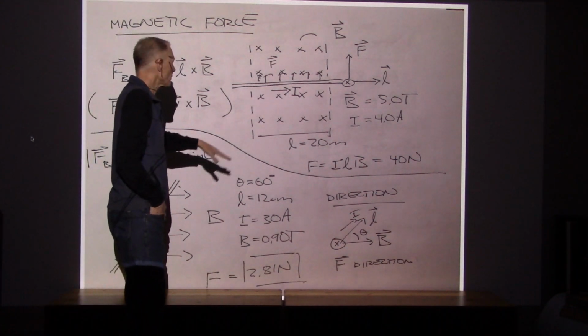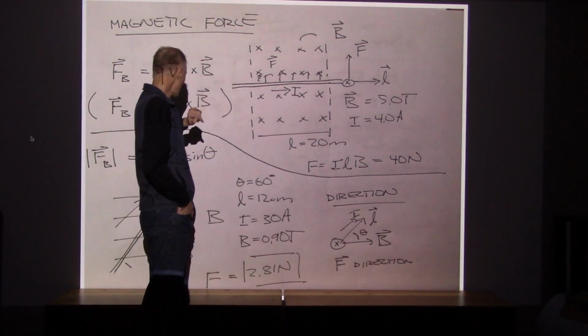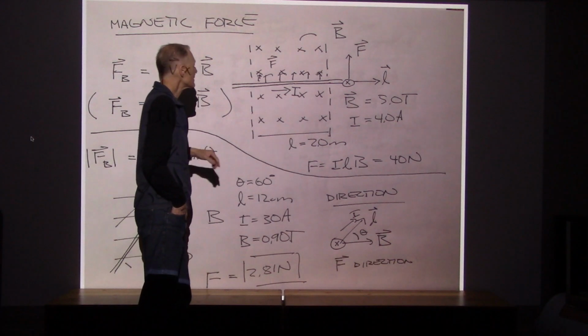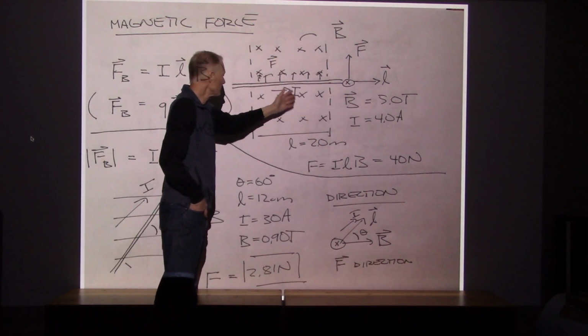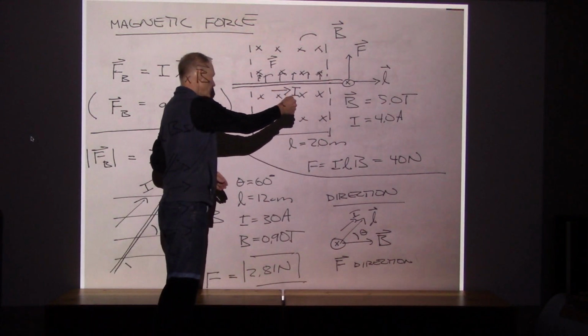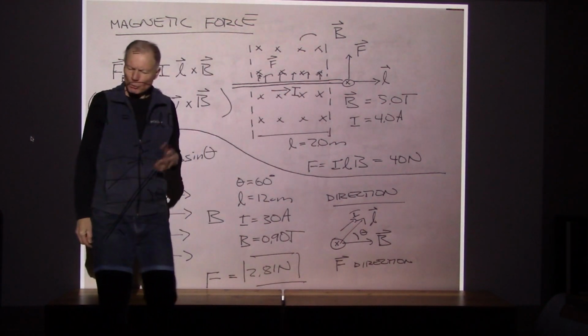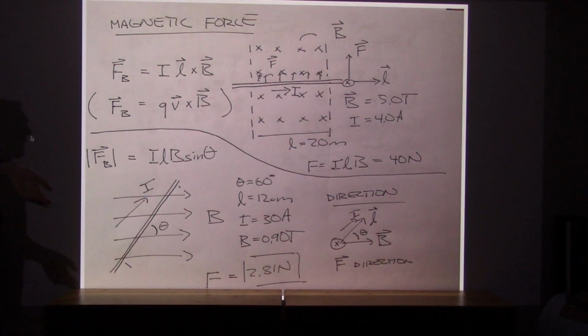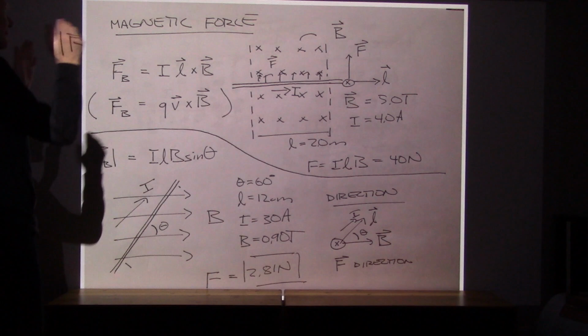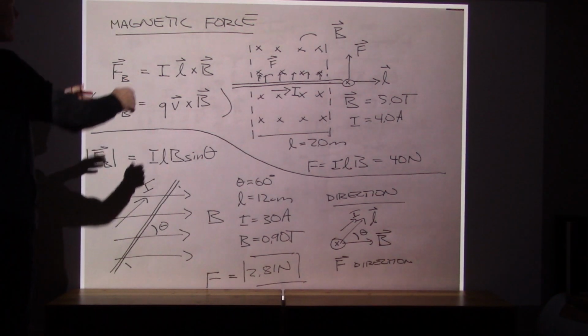So before we get to the problem, let's look at maybe an easier orientation. Let's say that we have a magnetic field. I put a bunch of X's up here, and the X's represent the orientation of the magnetic field. Turns out in many examples, the easiest way to orient the magnetic field is to have it going into the page.